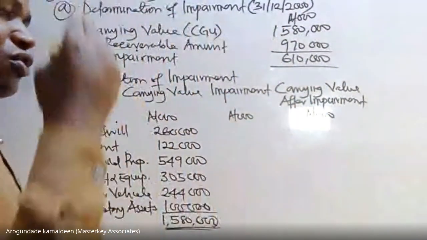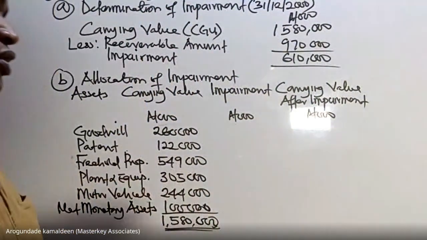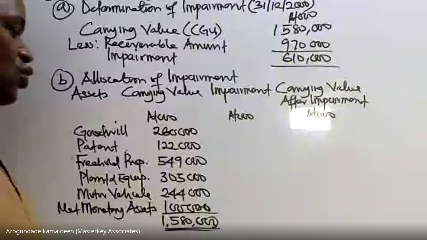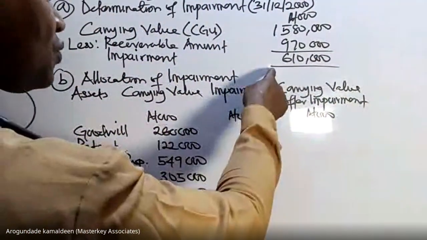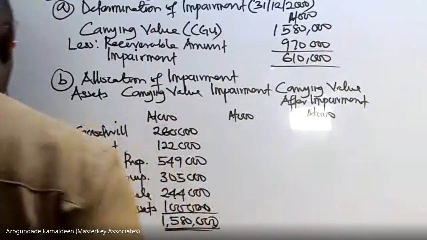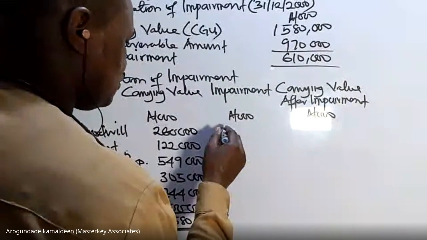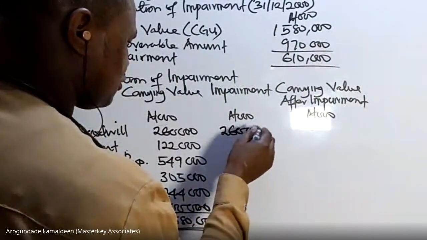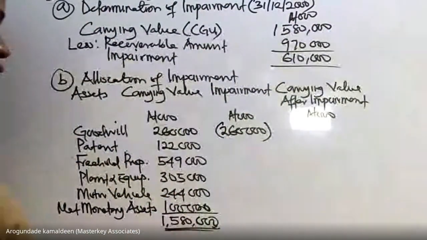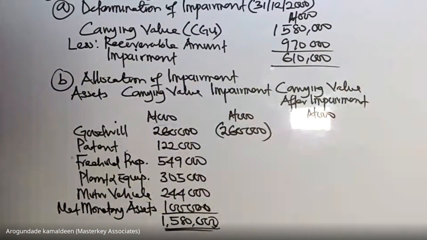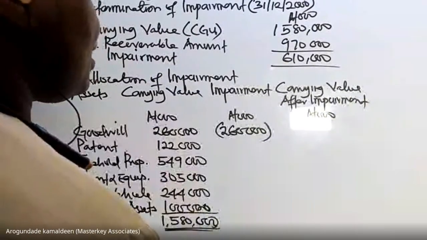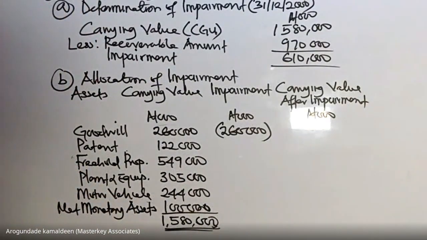So you go to step 2. You now allocate to the goodwill. Here we are having 610, so you write off the whole of the goodwill. So here we have 610,000 less 260. We still have impairment left.